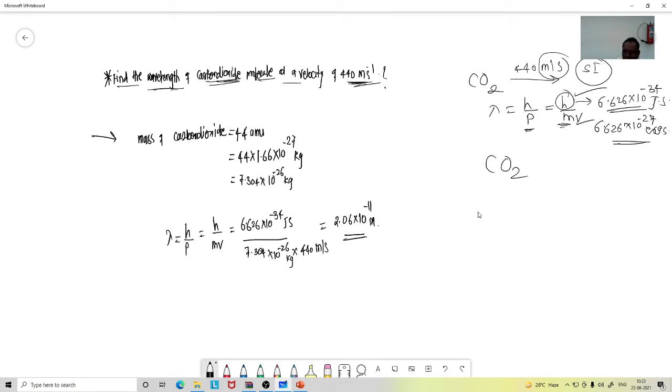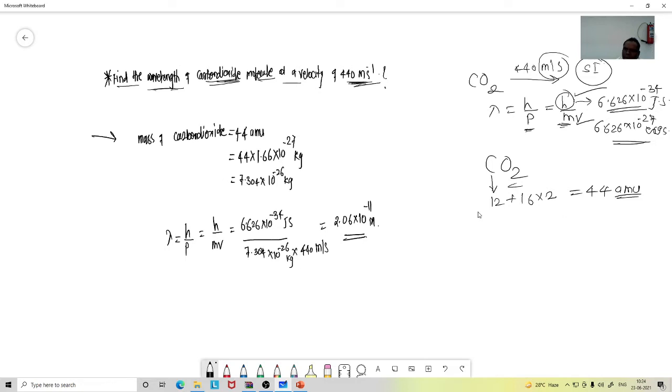Now CO2, carbon is having mass number 12, oxygen is having mass number how much? 16. 16 multiplied by 2 is 32, plus 12, that is equal to 44. So 44 is the mass number in AMU, the atomic mass unit.